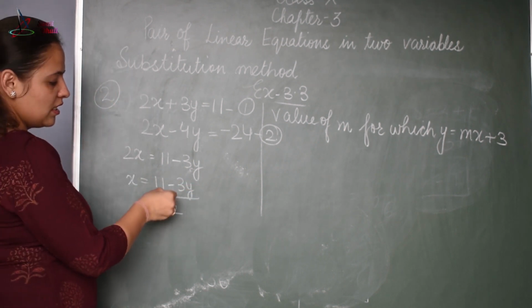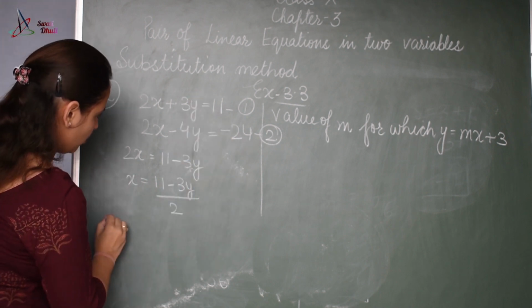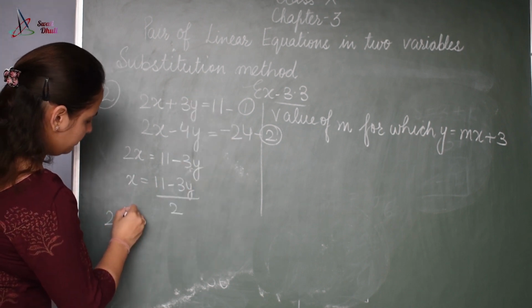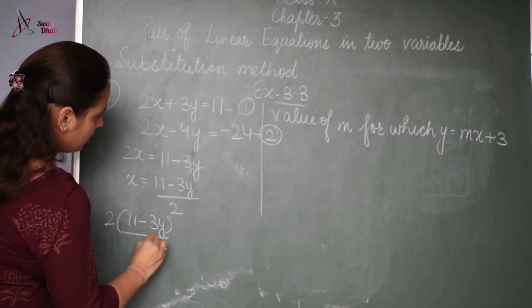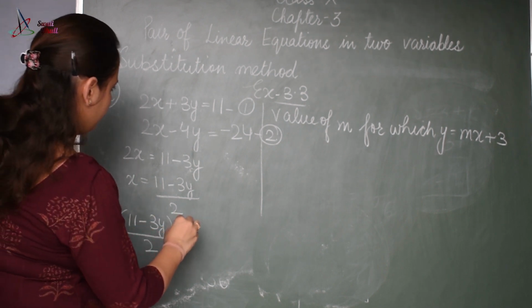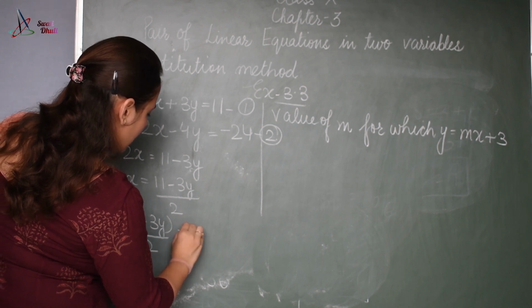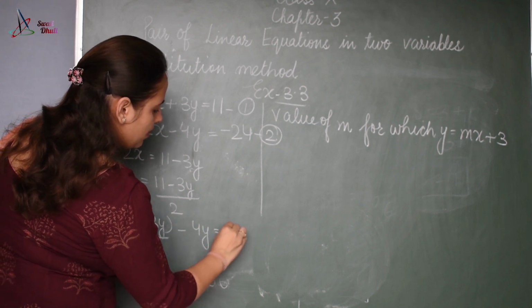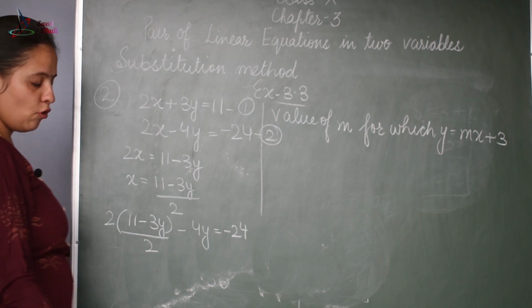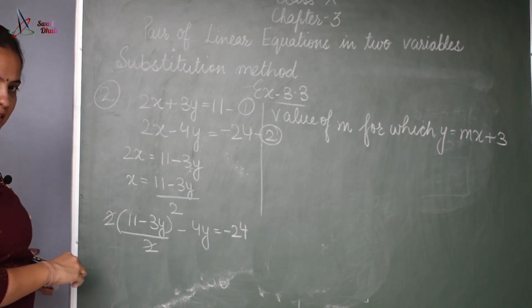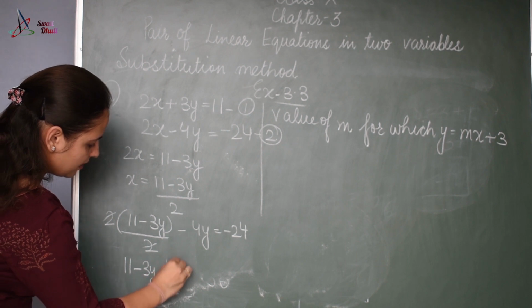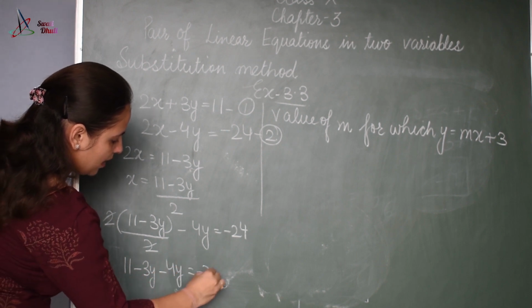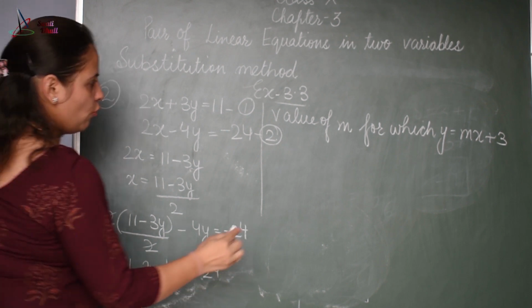Now substitute this value of x in second equation. So 2 into (11 minus 3y) by 2 minus 4y is equal to minus 24. So 2 and 2 will be cancelled out. So what you will get? 11 minus 3y minus 4y is equal to minus 24.